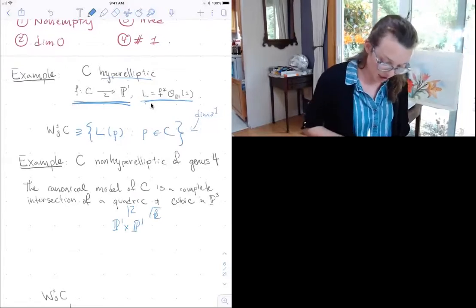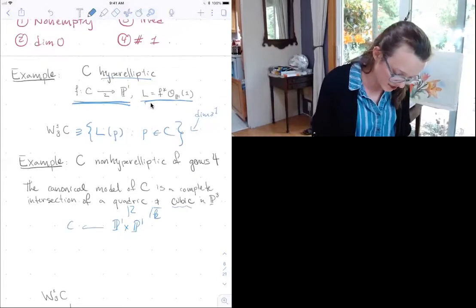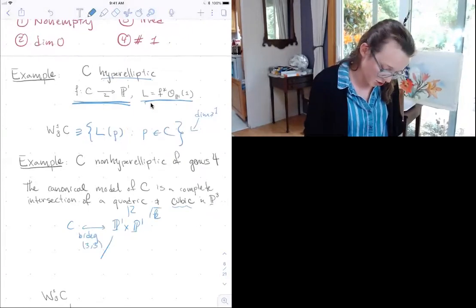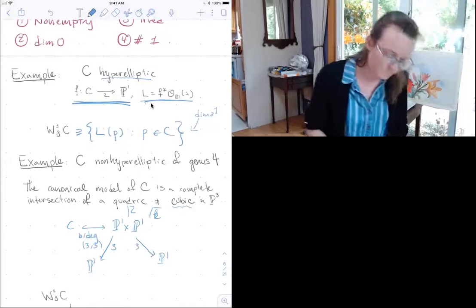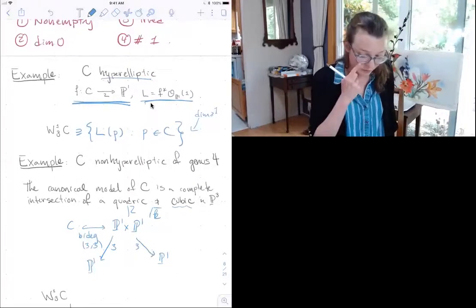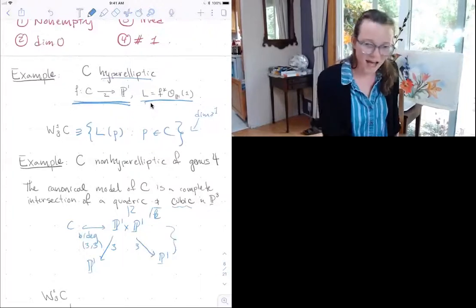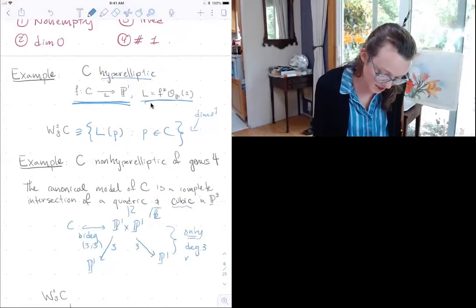Because it's a cubic section, the curve embeds as a bidegree (3,3) curve on P1 cross P1, which means that the two projections onto each of the P1 factors are degree 3. So there are these two degree 3 maps from the curve to P1. And in fact, using Riemann-Roch, as I did earlier, you can show that these are the only degree 3 maps to P1.